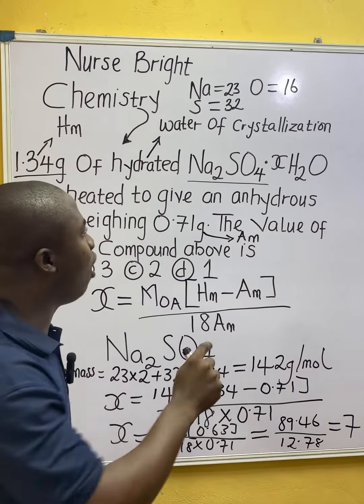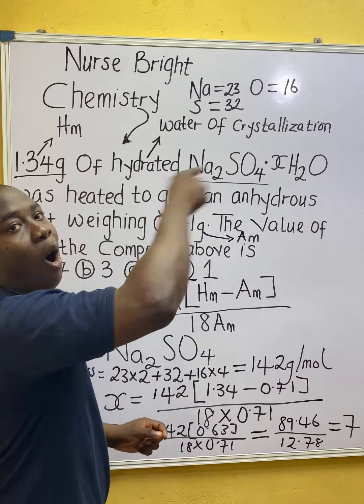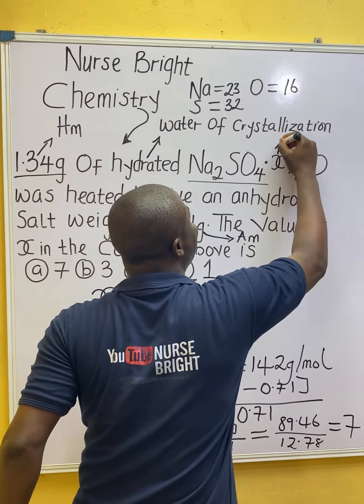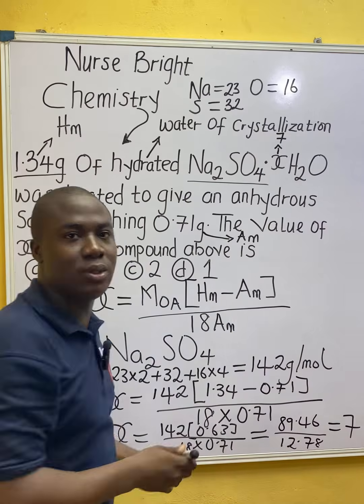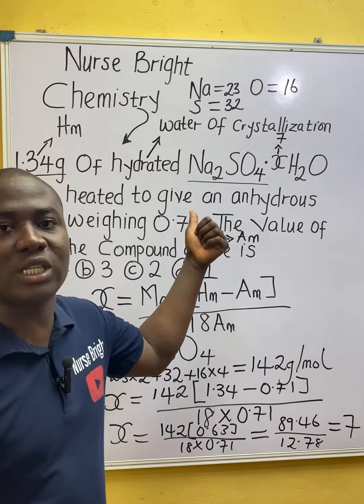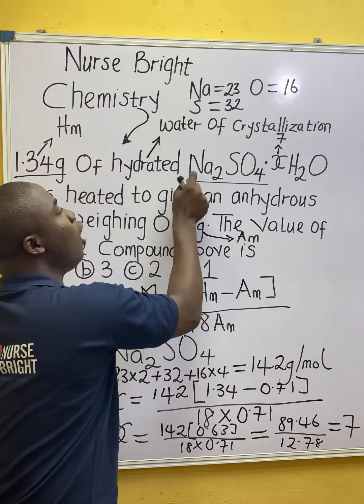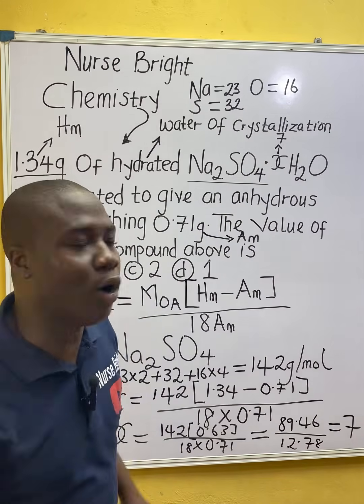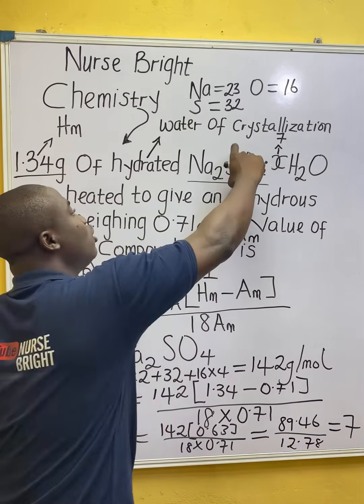So the value of X in this compound that is hydrated is 7. Are you there? So the proper way to pronounce this compound becomes sodium tetraoxosulfate. The reason why it's tetraoxo is because we have 4 oxygen.